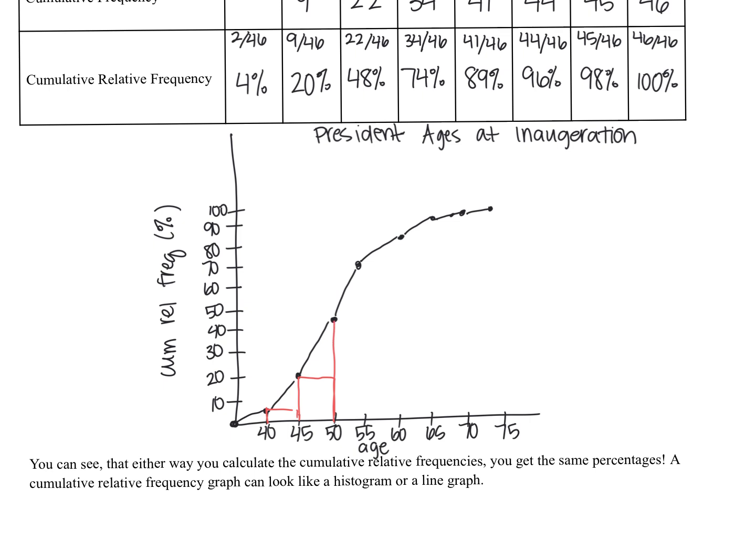So the dot is the beginning of the next bar, not the end of the previous one.